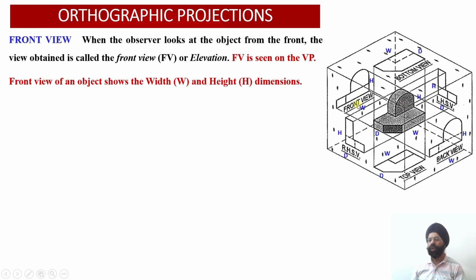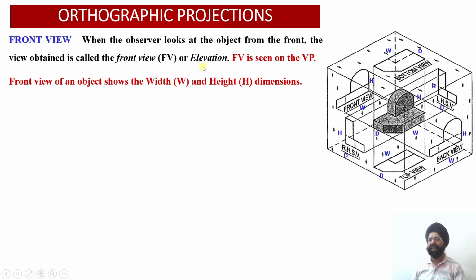The first view which will be obtained for any object in a multi-view projection or orthographic projection method is called the front view. We must remember, the front view is always obtained on the vertical plane. So what is the definition of the front view? When the observer is looking at the object from the front side, the view obtained on the vertical plane is called the front view, or the elevation of the object, right?